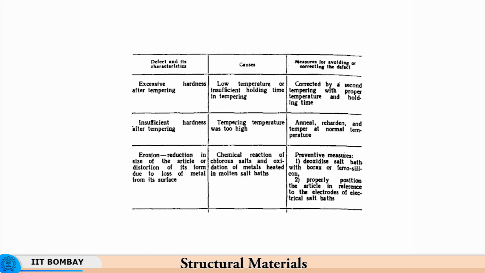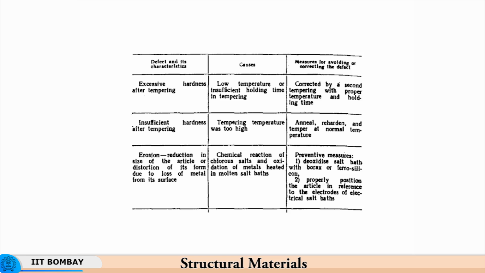Excessive hardness after tempering is a problem, meaning the tempering process has not been done properly. So, either you are tempering at a relatively low temperature or not allowing enough time. The driving force for diffusion which results in tempering is temperature and time. You need both temperature and time for diffusion to take place and therefore tempering of martensite to take place.